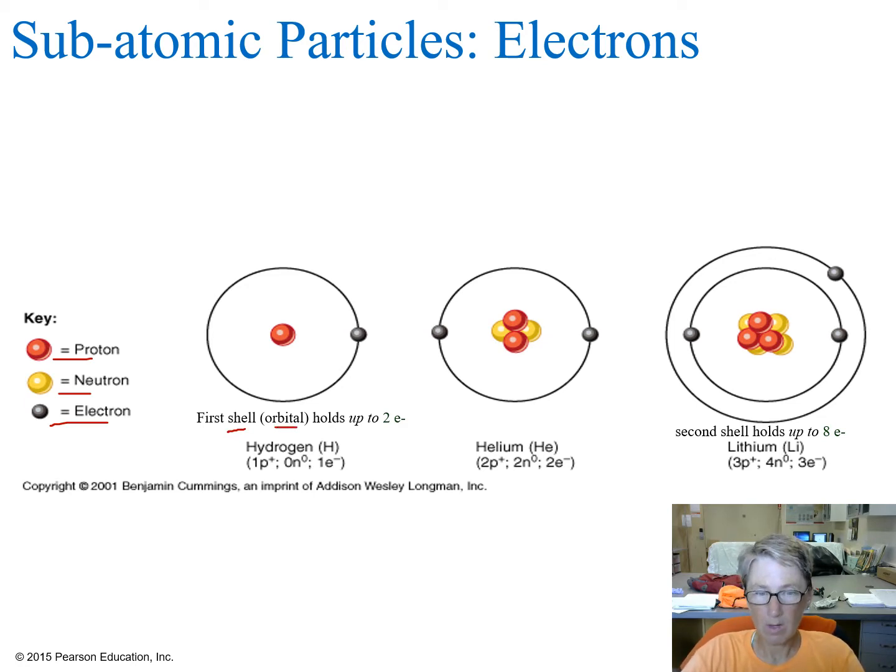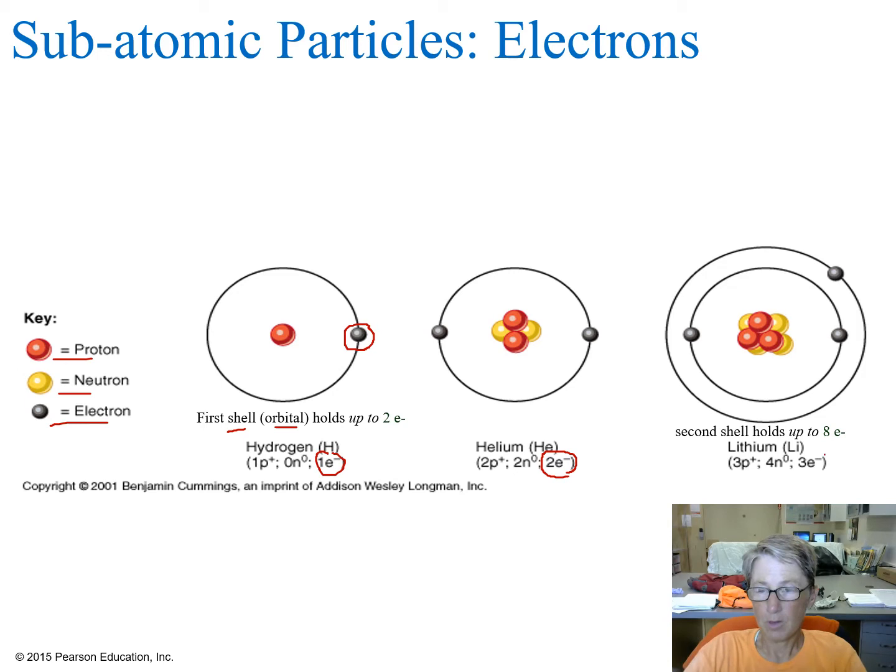We won't get into the chemical details of this. We'll just call it a shell or an orbital. The first shell or orbital can hold up to 2 electrons. So hydrogen only has 1 electron to put in its shell, so it only needs its first shell. Helium has 2 electrons, and just so happens the first shell can hold 2 electrons. Helium's good with 1 shell.